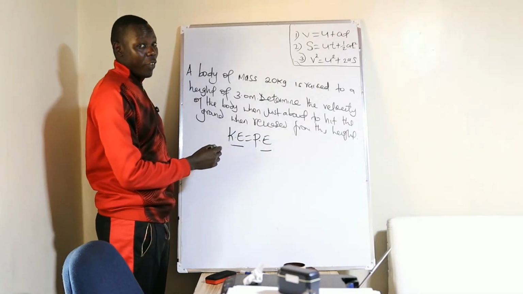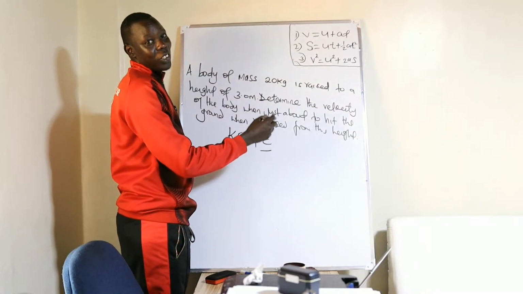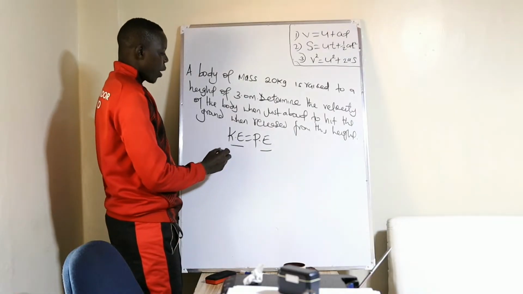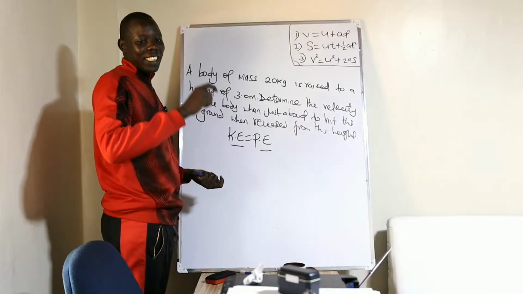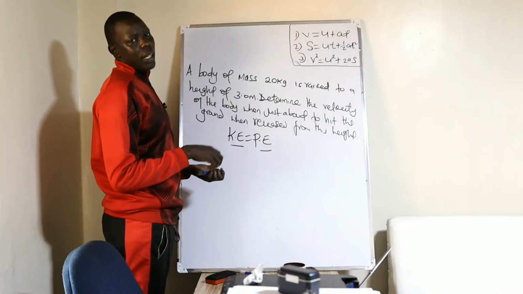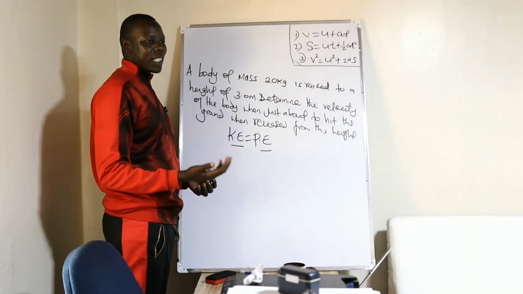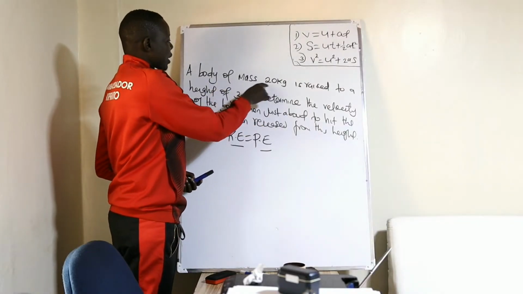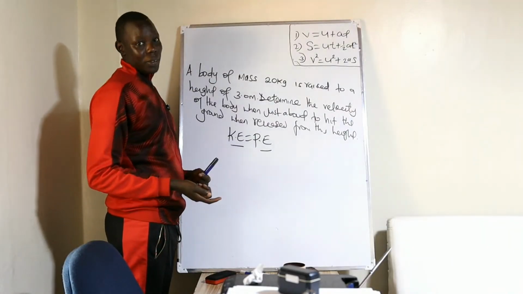Remember, these are not the values to be used. As a student, write kinetic energy is equal to potential energy. But also, nobody will penalize you by writing it this way. Now, kinetic energy is energy of an object in motion. It has a certain velocity. Potential energy is the energy possessed by a body which is at a relative position from the ground. Like this body of mass 20 kg, it is at a distance 3 meters from the ground.